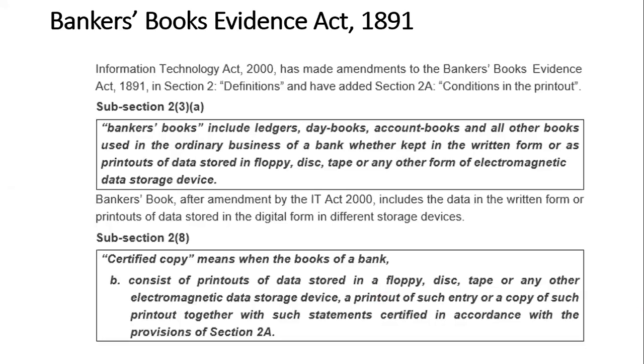So this is what is stated when we speak about the Bankers Book Evidence Act. You see the IT Act has made several amendments to the Bankers Book Evidence Act, with subsection 2.3 and subsection 2.8, right?